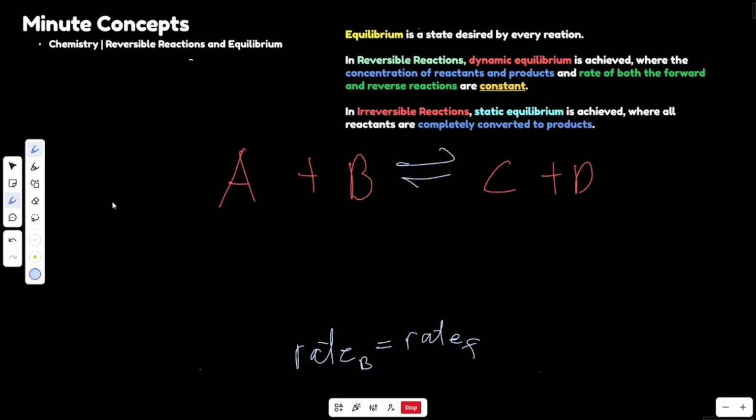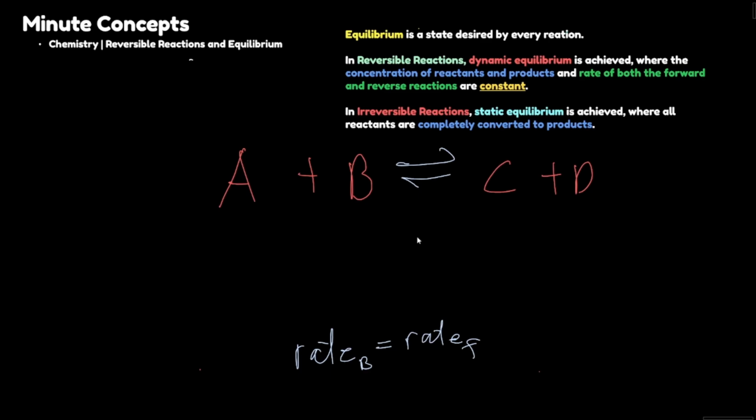They normally dissociate and they normally go back to form their parent ions, especially in solutions. Sometimes they tend to go back and forth depending on the weakness or the strength of the base and acid. Now, once there's a point where they no longer go back and forth, that is dynamic equilibrium, because neither side will be wanting to turn into the other. We'll expand on that in a more numerical way in the next video about equilibrium constants.